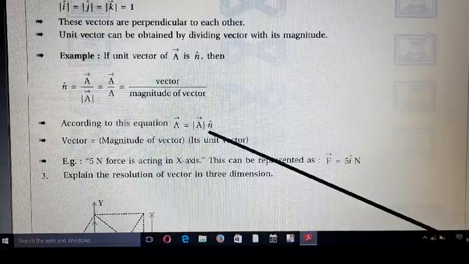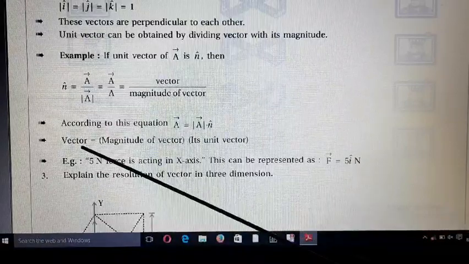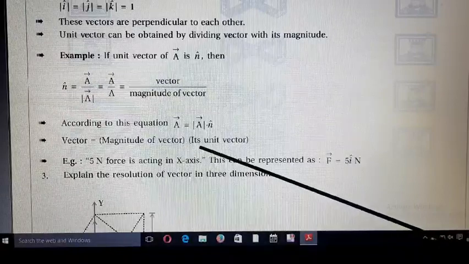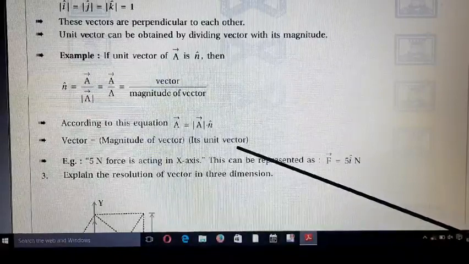In words, a vector is equal to the magnitude of the vector and its unit vector.